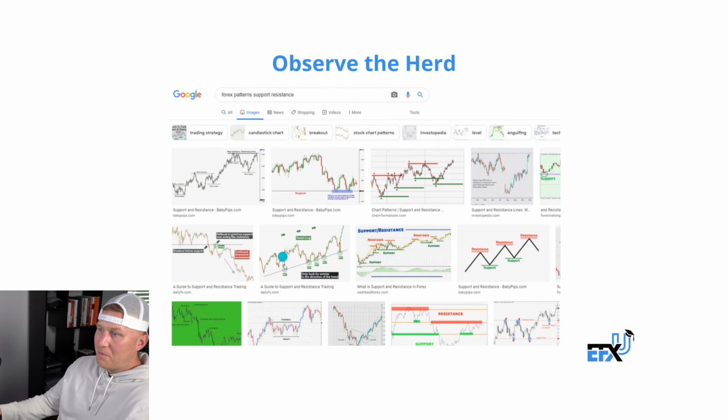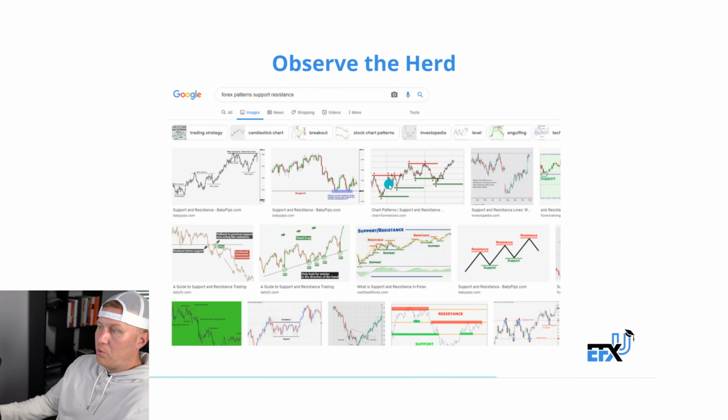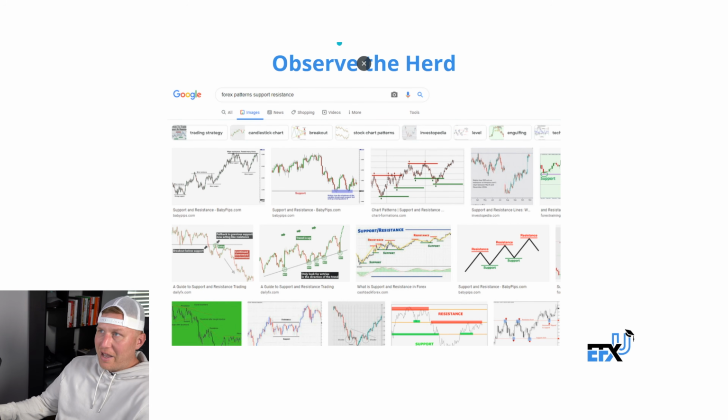Trend lines, looking for multiple touches, that's buying, right? Resistance, price breaks through, now that's our new support. Breaks through, resistance, new support. So it's a lot of the same thing, just looking for support, resistance, and trend lines. And we can see there's just multiple examples on this Google search of these Forex patterns, and it's just all the same stuff.